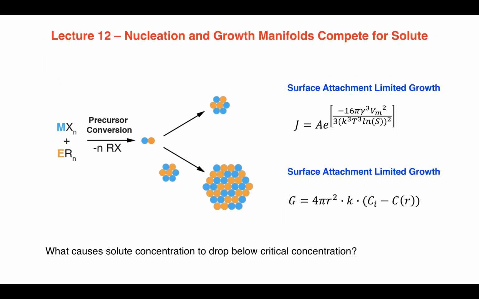Why is that? The simplest explanation for this is for the nucleation process to turn off, the concentration of solutes has got to go down. Right? What makes the concentration of solutes go down?